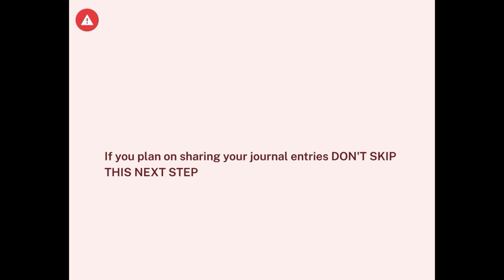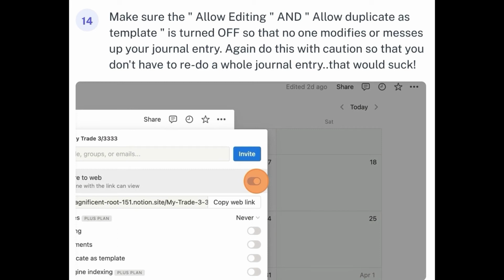All right, so pay attention. When you're going to share your journal entry, there's going to be some settings right before you press the share button. You're going to want to make sure allow editing and allow duplicate as template is turned off. So pretty much just have all the settings turned off in there.